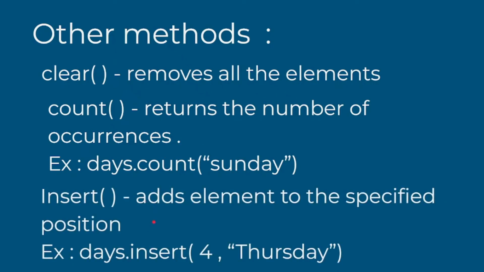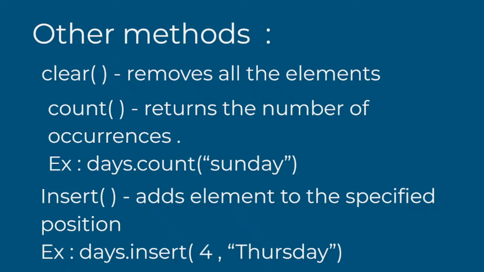Next, insert. The insert method adds an element to the specified position in the list. For example, if I write days.insert(4, Thursday), and let us assume the list contains 4 items: Sunday, Monday, Tuesday, and Wednesday. So the index of Wednesday will be 3.